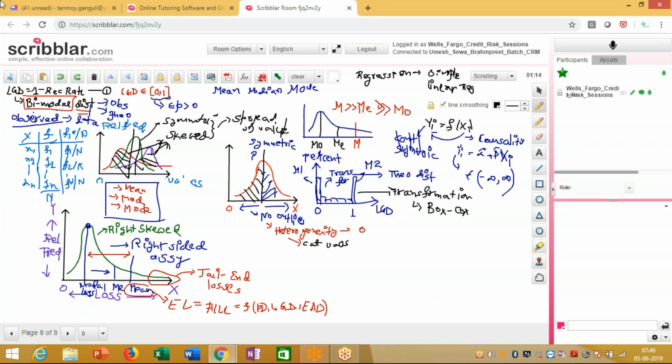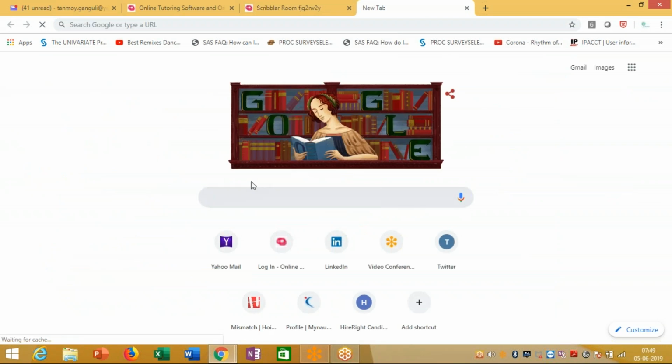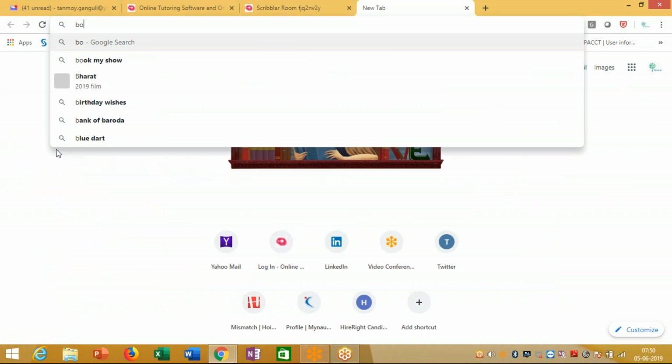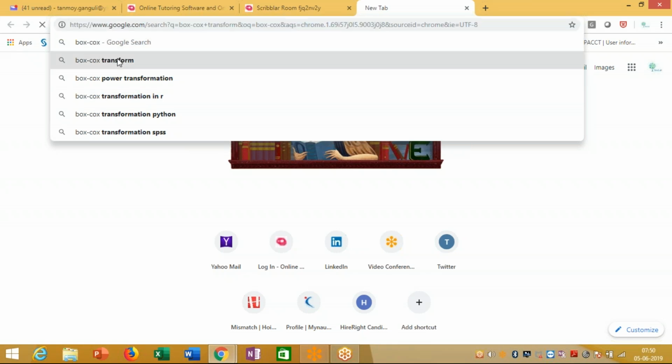So I need to do some kind of adjustment, some kind of transformation which will give me a continuous dependent variable. And that transformation is done using a Box-Cox transformation. There are also other transformations as well, but I'll start with the Box-Cox transformation.